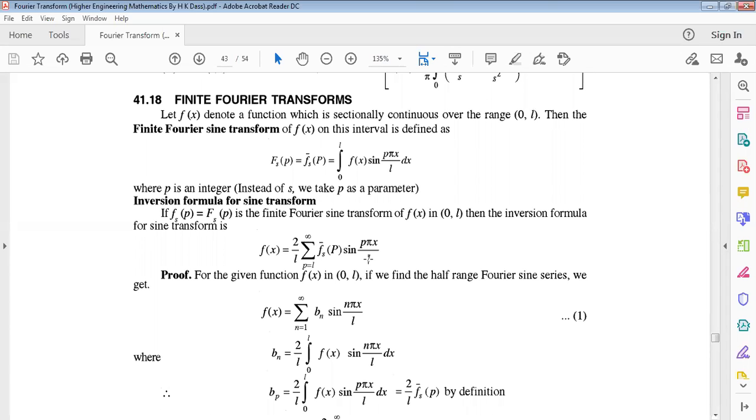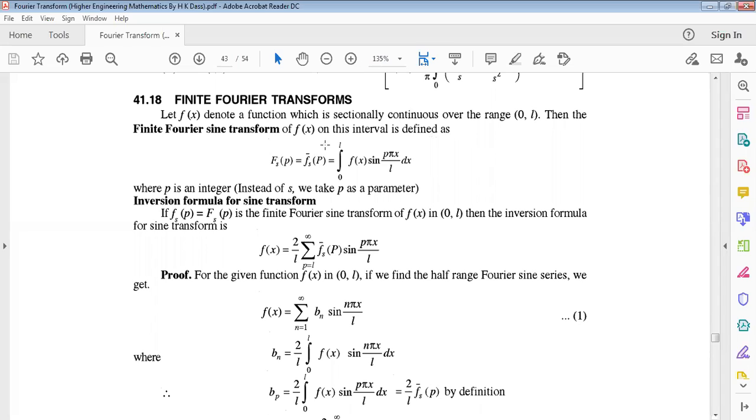Now finite Fourier transform, within 5 minutes we will try to understand this. What is the finite Fourier transform? Let f of x denote a function which is sectionally continuous over the range 0 to L. Actually 0 to L is the total limit given, but sectionally means this interval can be divided into many parts. Then the finite Fourier sine transform of f of x on the interval is defined by f_s of p, which equals the finite Fourier sine transform.